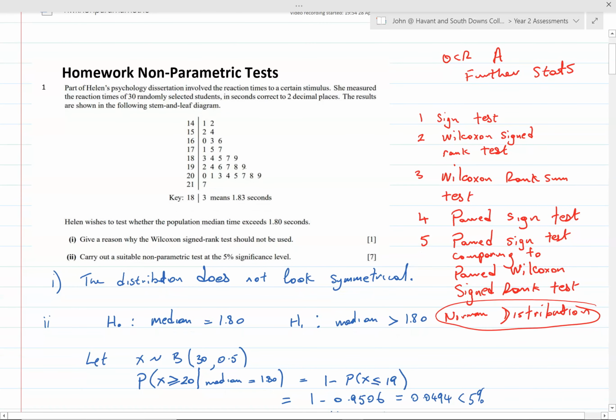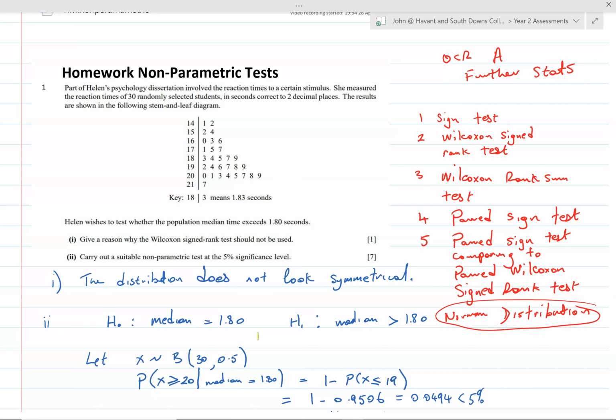Now with the sign test, if we assume that the median is 180, then there's going to be a 0.5 chance of any particular value being below or above the median.